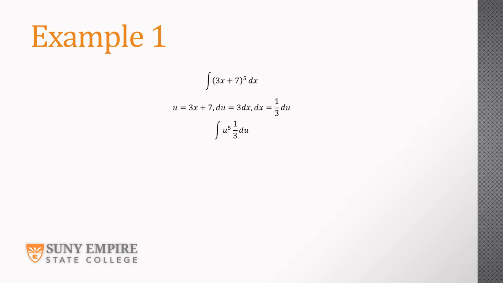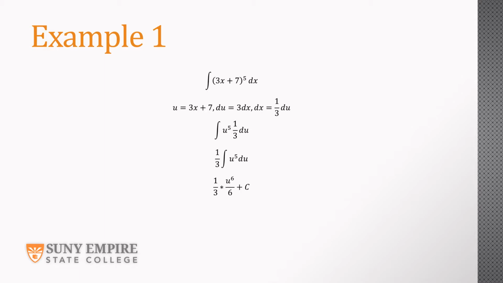Substituting into the integral, we now have the integral of u to the fifth power multiplied by 1/3 of the derivative of u. Since the 1/3 is a constant, we can factor that out in front of the integral and are left with 1/3 the integral of u to the fifth power with respect to u.